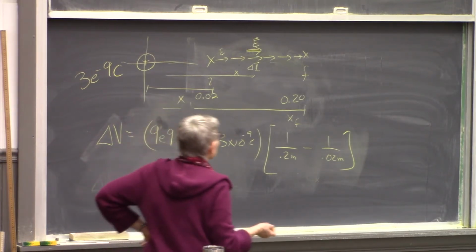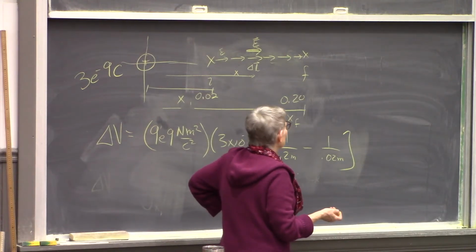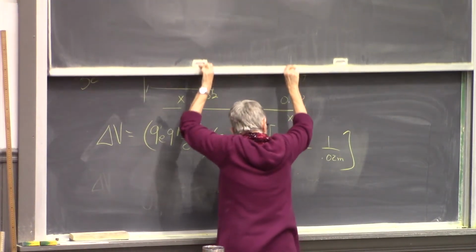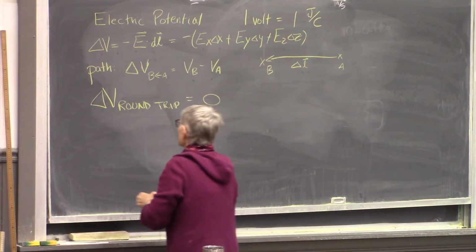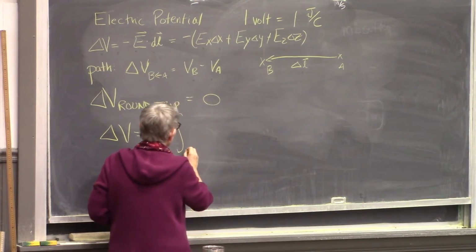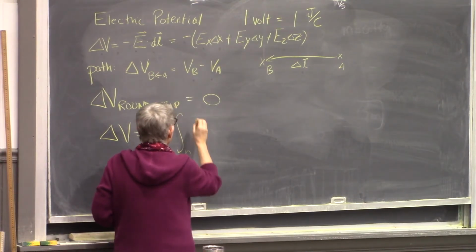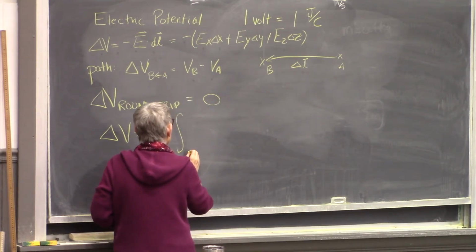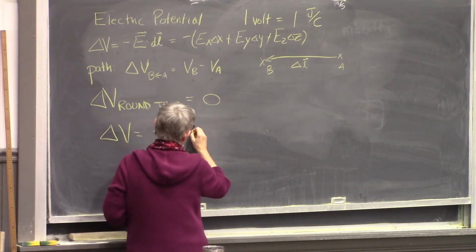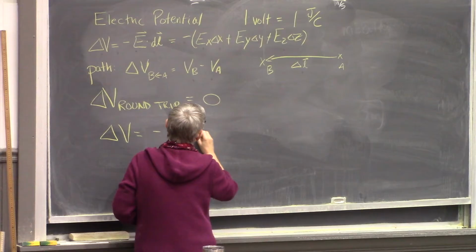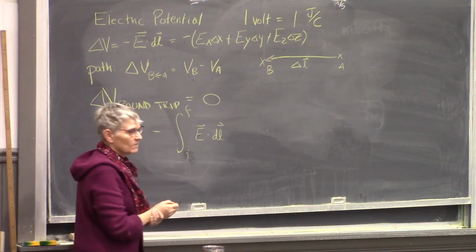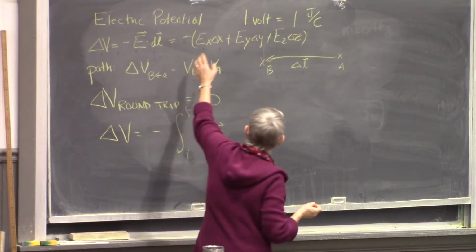Okay, so what we actually did here is we said that the potential difference was minus the integral from some initial value to some final value of E dot dl, basically, where dl is steps along our path.